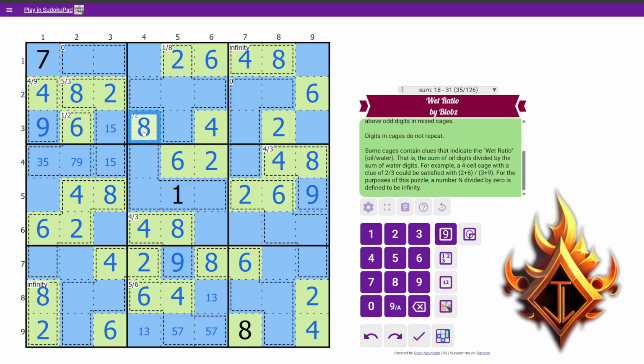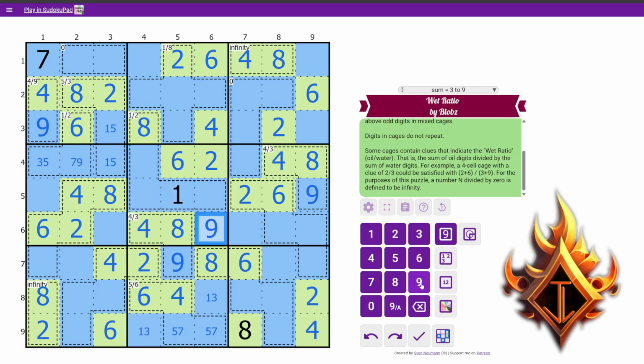Okay. This is half. So this needs 15 more. Can it have a 9? If it had a 9, it would need 6 more, and it cannot. So 9 goes here. Oh, hold on, hold on. If a 9 goes here, 10, yeah, it would need 6 more, and it cannot.